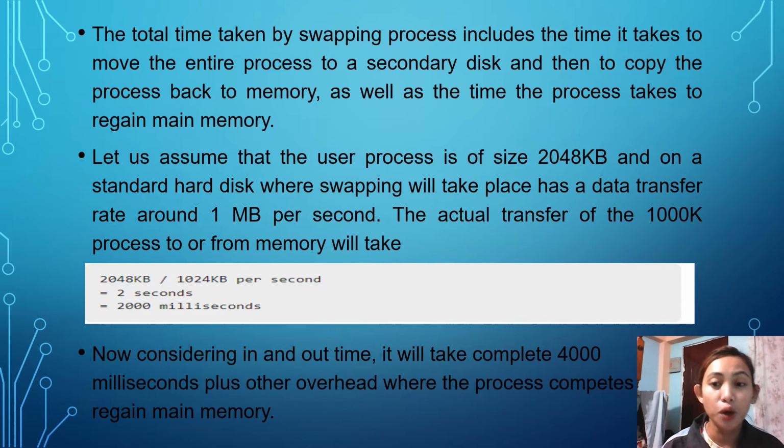The actual transfer of the 1000 KB process to or from memory will take 1000 milliseconds. Now considering in and out time, it will take a complete 4000 milliseconds plus other overhead where the process competes to regain main memory.